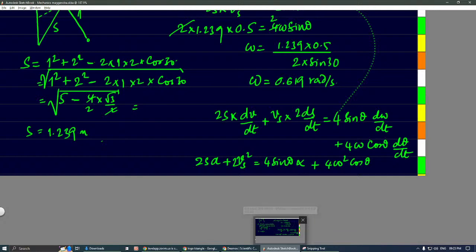Omega we found, theta we know, vs, do we know vs? Yeah, 0.5, vs is 0.5, and here acceleration is 0 because he is telling vs is constant. So vs you can substitute, theta is known, omega is known, so alpha is the only unknown. Find it.